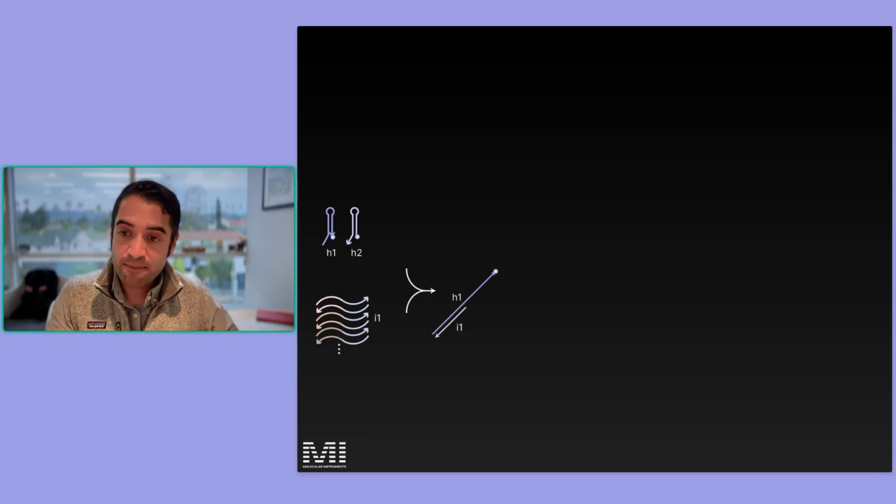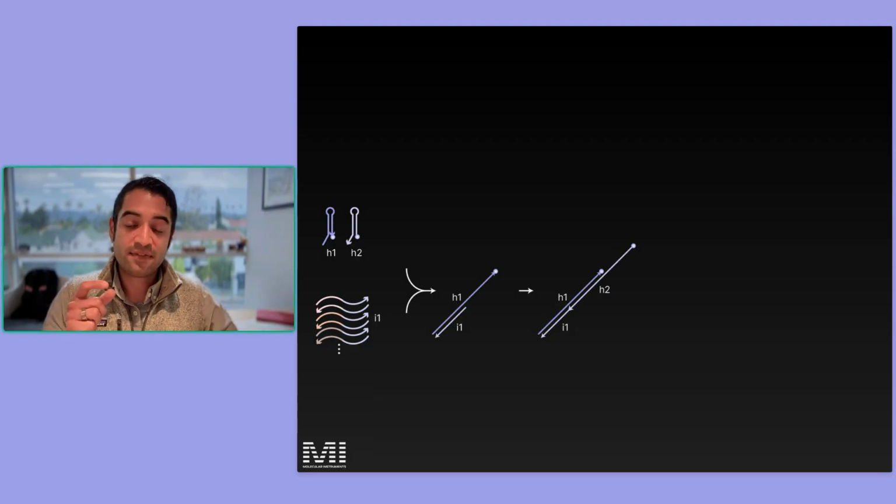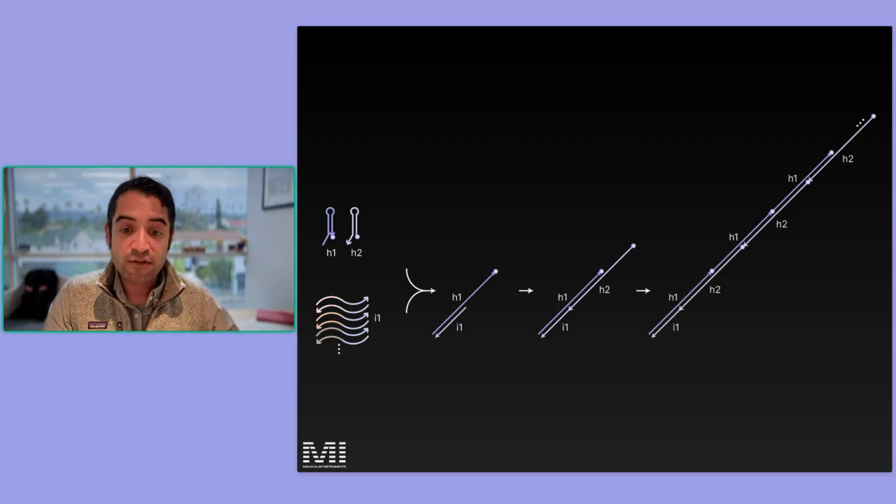Now this freed part can do something similar to an H2 molecule, where it binds to the single-stranded toehold and through branch migration opens up the hairpin to form this complex. And then the cool trick we do is that this freed sequence of H2 is actually identical to the initiator. And so in situ, you get this back and forth addition of these monomer hairpins, and you form this long polymer in situ.